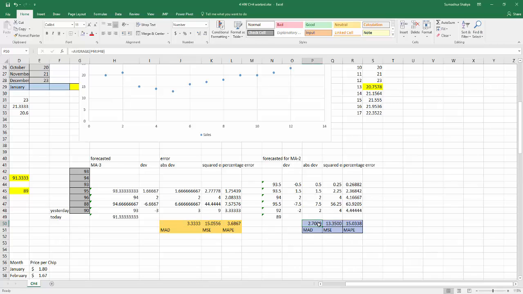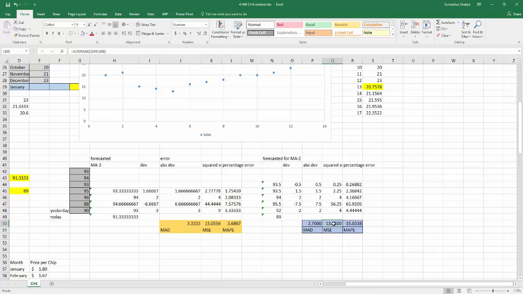If we were to use the 2-day moving average, then on an average we either overestimated or underestimated by 2.7. Since MAD for 2-day moving average is less than the MAD for 3-day moving average, this seems to be better. Now let's see if this is true for all the other ones.